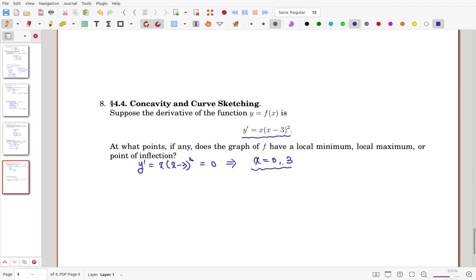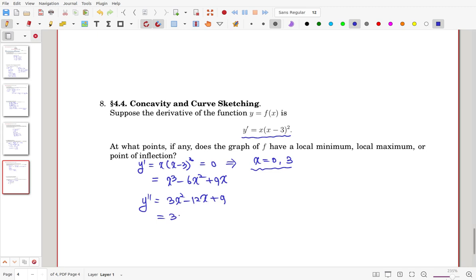Now, to find the point of inflection, you need the second derivative. Okay, so let's expand this one. So x squared times x, that is x cubed, minus 6x squared, plus 9x. Okay, so here y double prime is the same as 3x squared minus 12x plus 9.